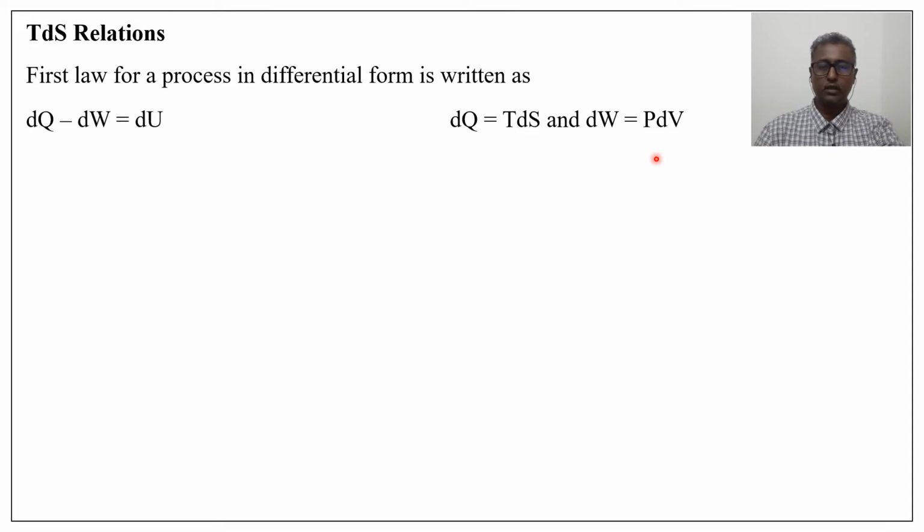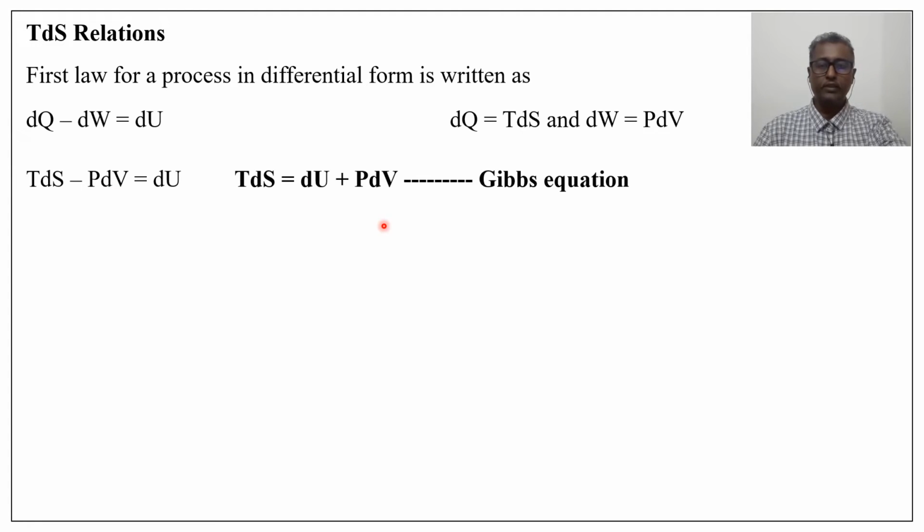Substituting these two, instead of dQ we substitute TdS, and instead of dW we substitute PdV. This can be rearranged in this form, and this equation is called the Gibbs equation: TdS is equal to dU plus PdV.